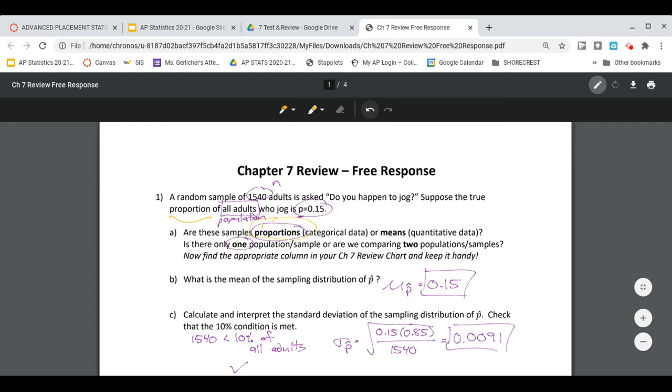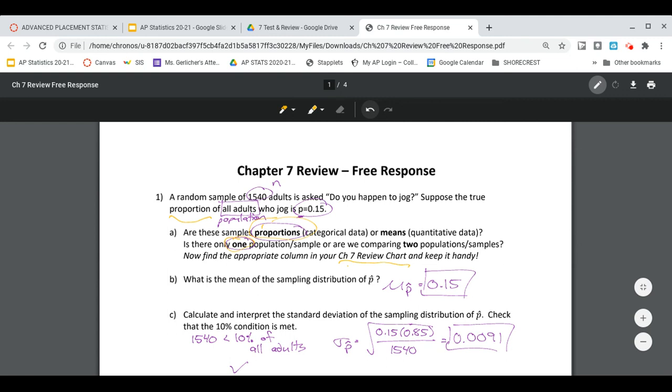It's just adults is our population. So it's 1 sample. Okay, so then you get out your handy dandy Chapter 7 review chart with all those equations. Go find the column that is 1 sample proportions. I think that's the very first column. And everything you need is going to be in that column in the order you need it.